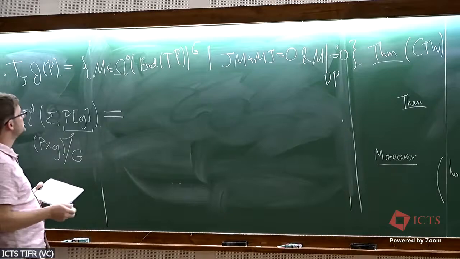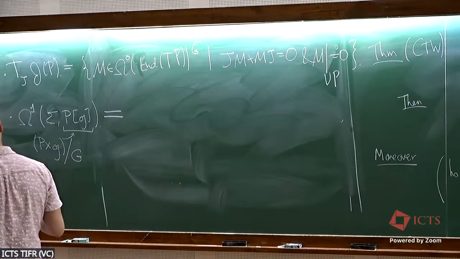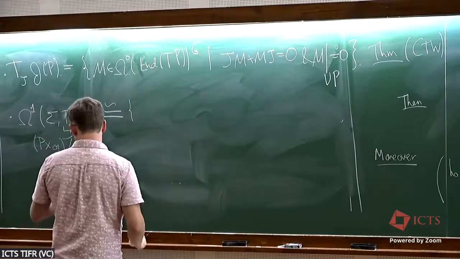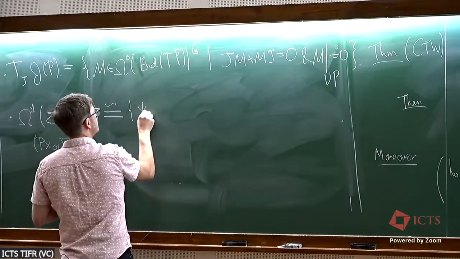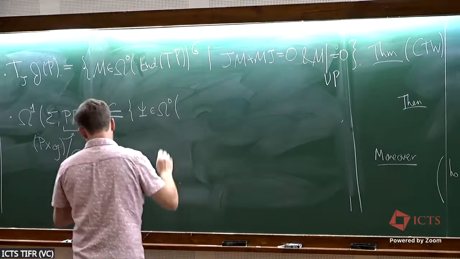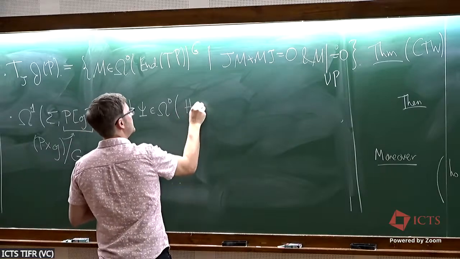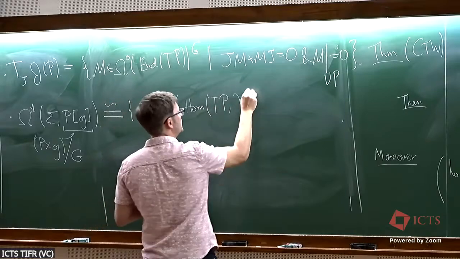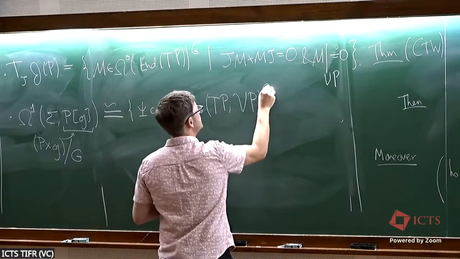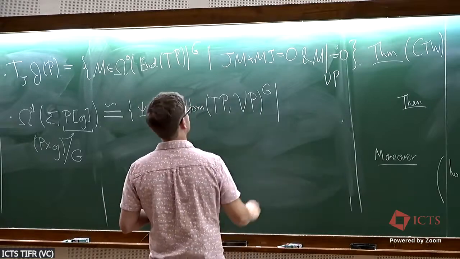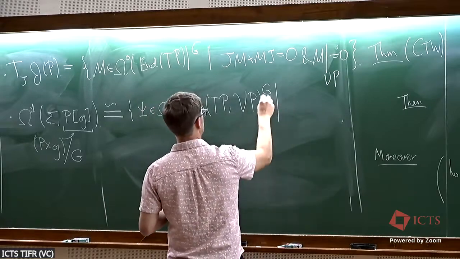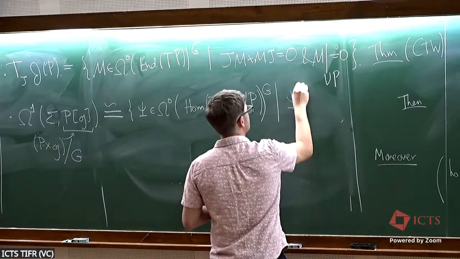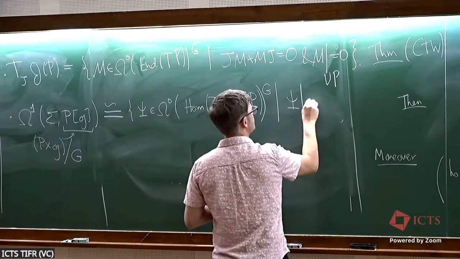But in terms of this principal bundle story, it's more natural, or equivalent, to think of these as psi's, which are sections of Hom from the tangent bundle to the vertical bundle that are G equivariant and satisfy the property that they vanish on the vertical bundle.